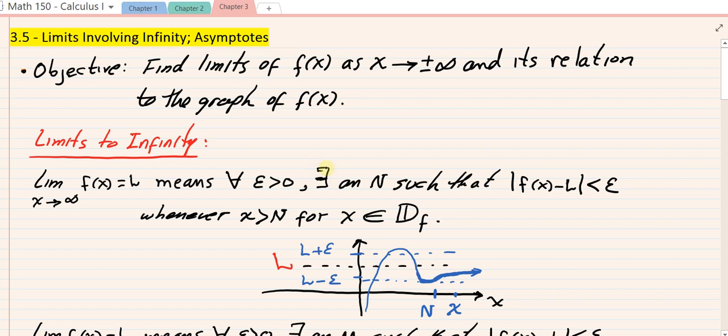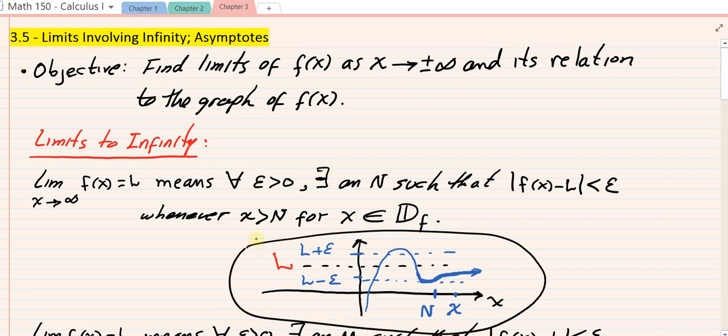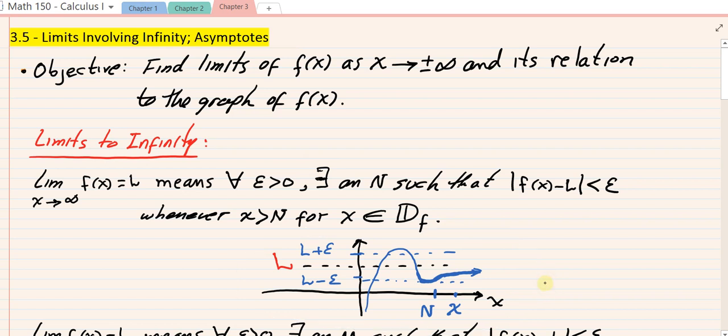There exists a number N such that the absolute value of f of x minus L is going to be less than epsilon whenever x is greater than N for all x in the domain of the function. So basically, to put those words into motion, I know it's kind of cryptic, but this is what all of that verbiage means.